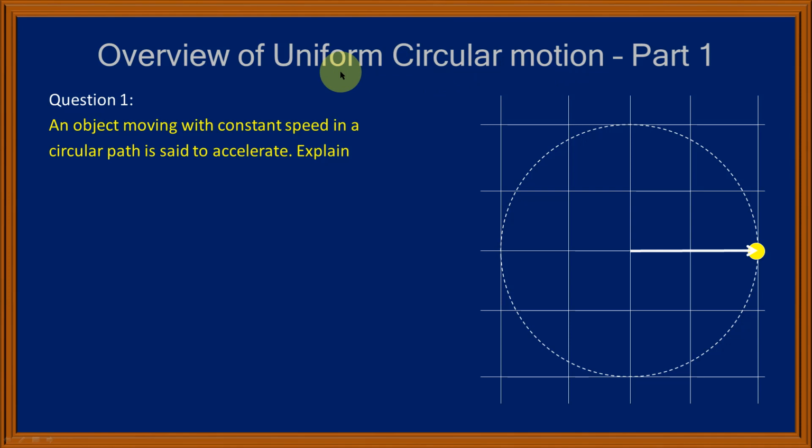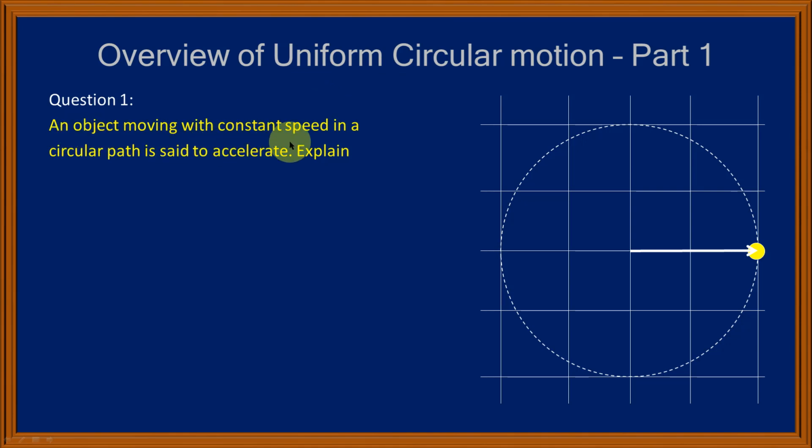We have an object which is moving in a circular path with a constant speed. That kind of motion is referred to as uniform circular motion. So simply put, uniform circular motion means an object moving in a circular path with uniform speed or constant speed.